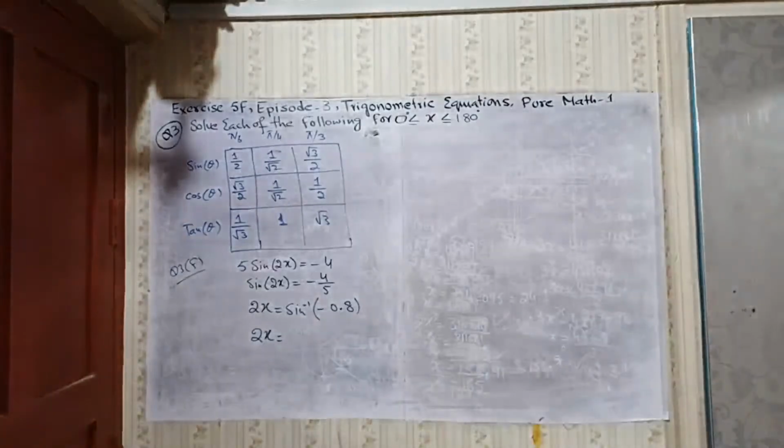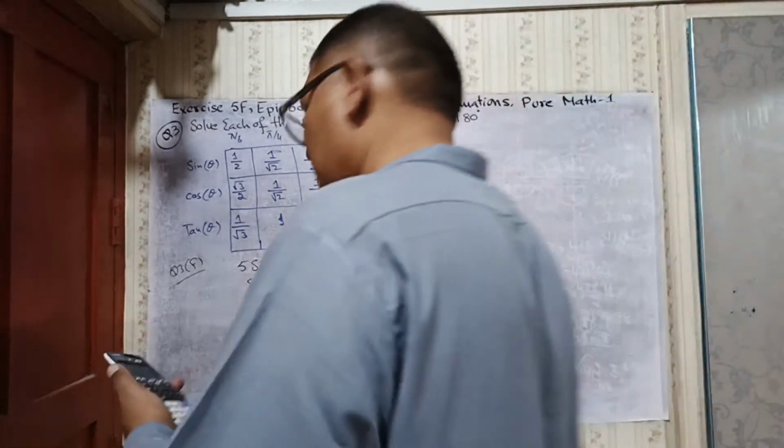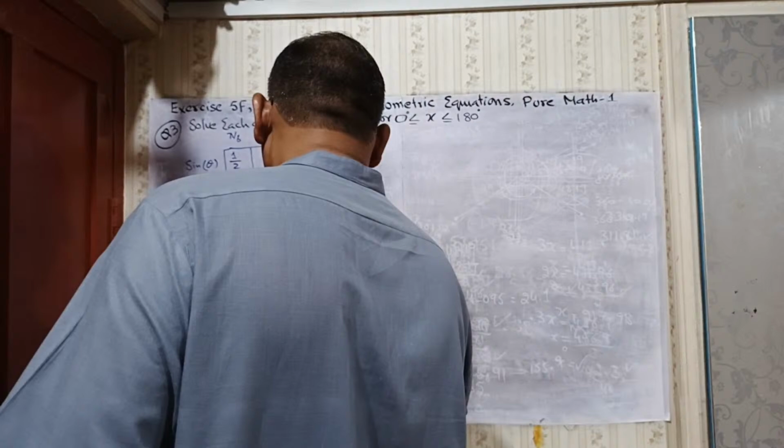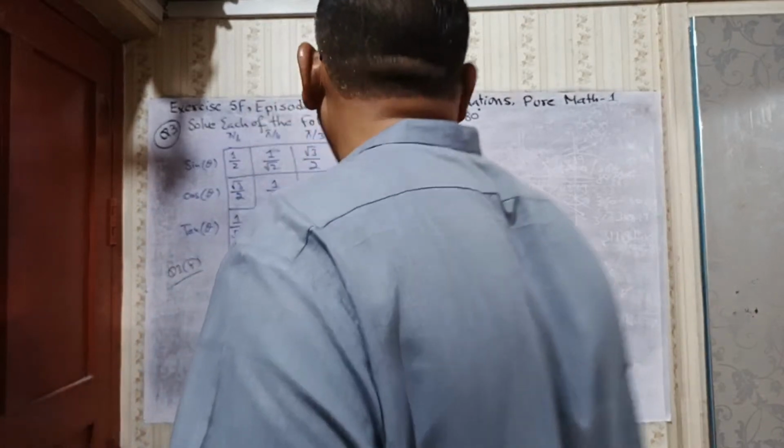I will do shift sine, bracket start, minus 0.8, bracket close, equals, and it is minus 53.13. So this is my base angle.